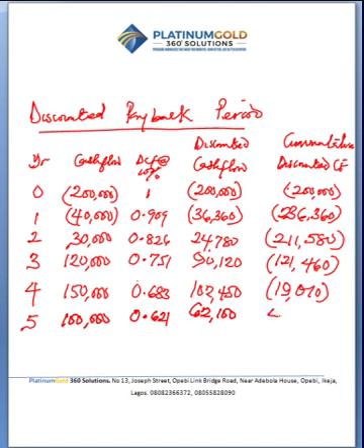So by the end of year 5, the company has actually made even more than it needed.